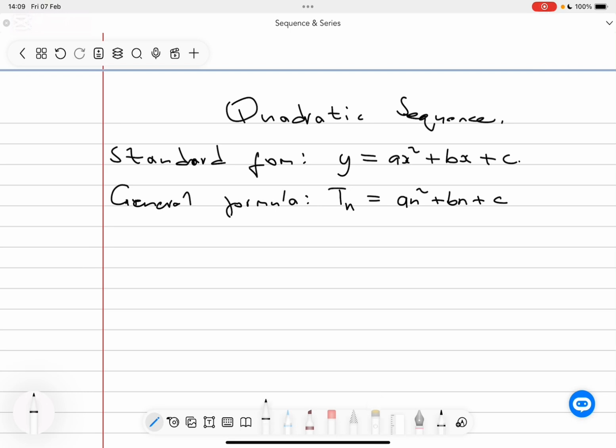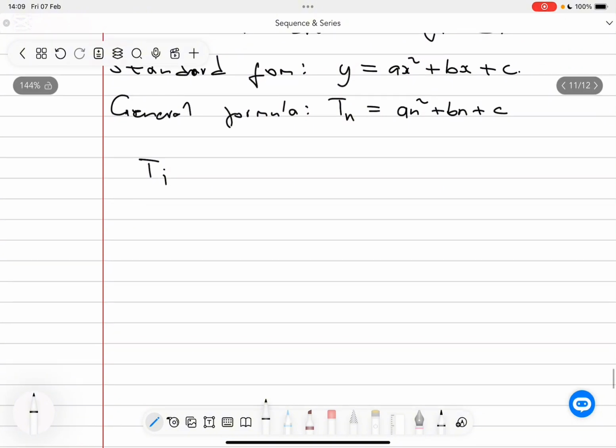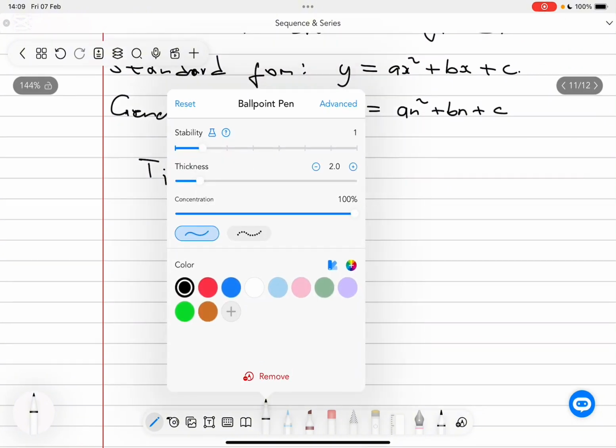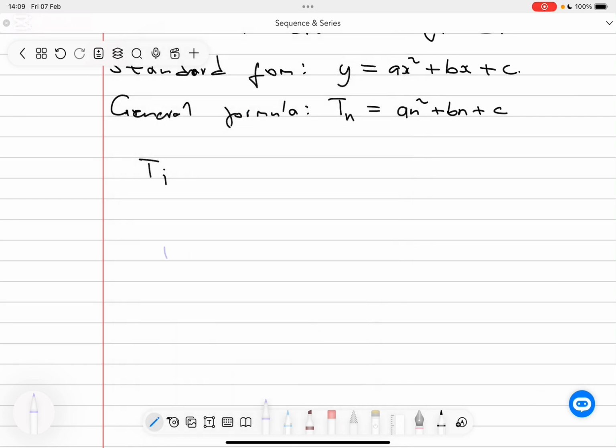Say, for example, if I look at term 1, it means that I'm going to take my equation, Tn is equal to an squared plus bn plus c. And I'm saying T1, that would mean that my n is 1. As I said, n is a variable here that used to be x.